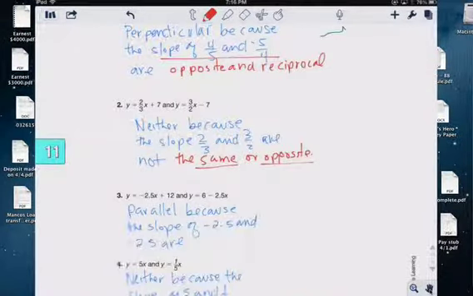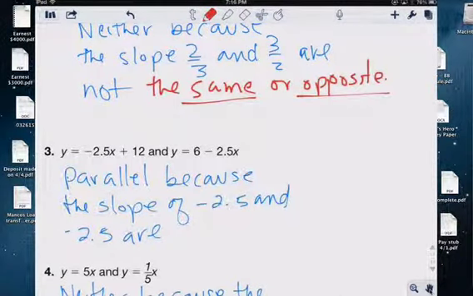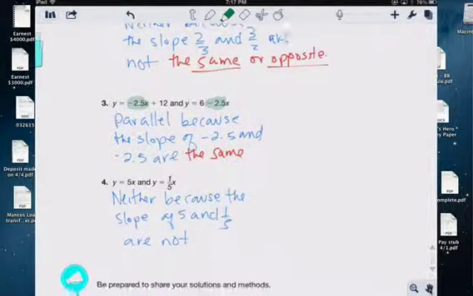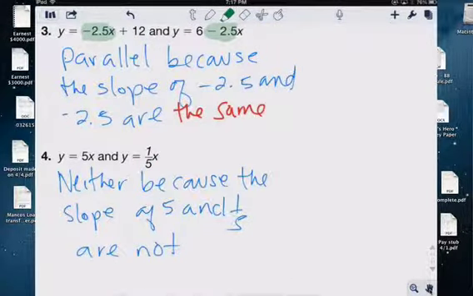Okay. Parallel because the slopes of negative 2.3 and negative 2.5 are the same. So these slopes right here are the same. These are neither, because the slopes of 5 and negative 5 are not opposite.